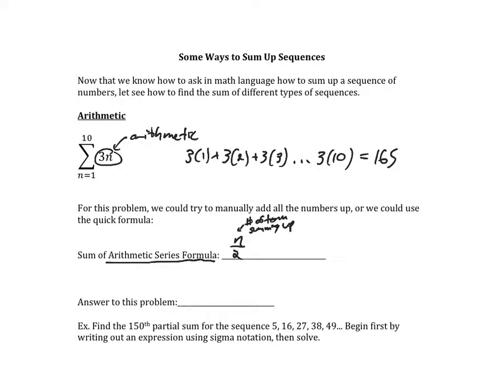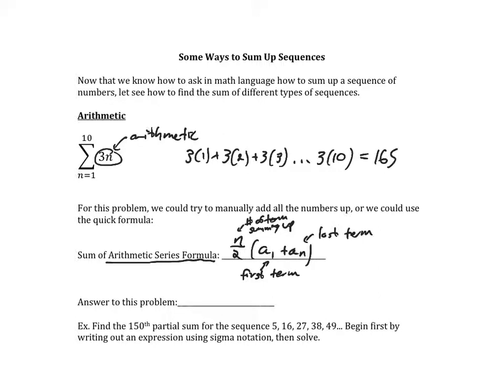Okay. So n over 2 times a sub 1, which is the first term, plus a sub n, which is the last term. So let me write that out. Last term. A sub 1, we should know what that means. First term. So it does involve you actually doing 2 calculations, at least in terms of this sequence, calculating the first term in the sequence and calculating the last term.